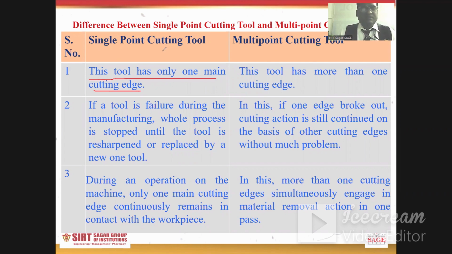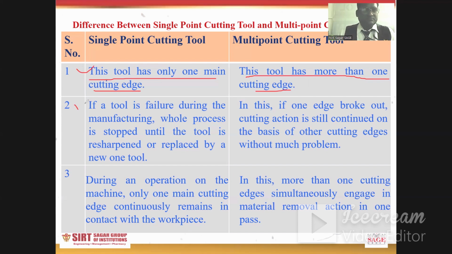In the multi-point cutting tool, the tool has more than one cutting edge, or more than two cutting edges, and all cutting edges are responsible for the removal of material from the workpiece during the operation.